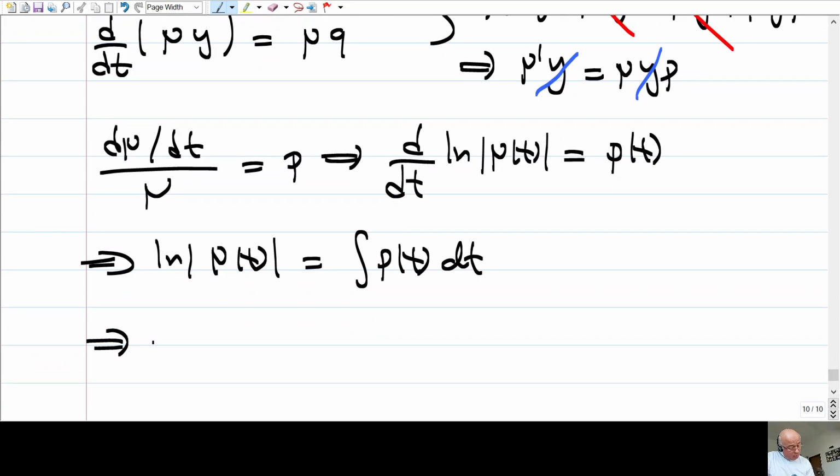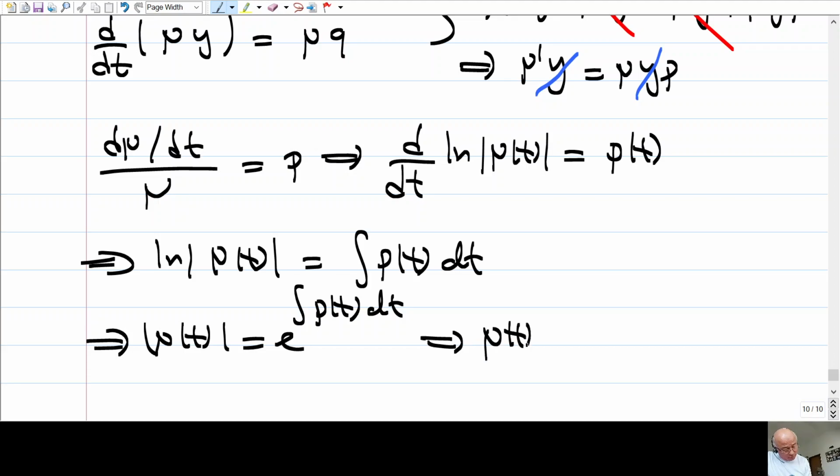Therefore the absolute value of mu(t) is e to the power integral of p(t) dt, and mu(t) is just plus or minus e to the power integral of p(t) dt. So finding such a function is possible, and you can put any sign you want here, plus or minus.